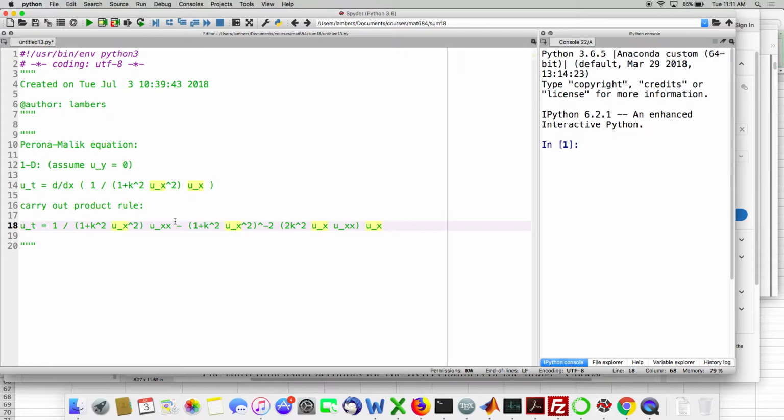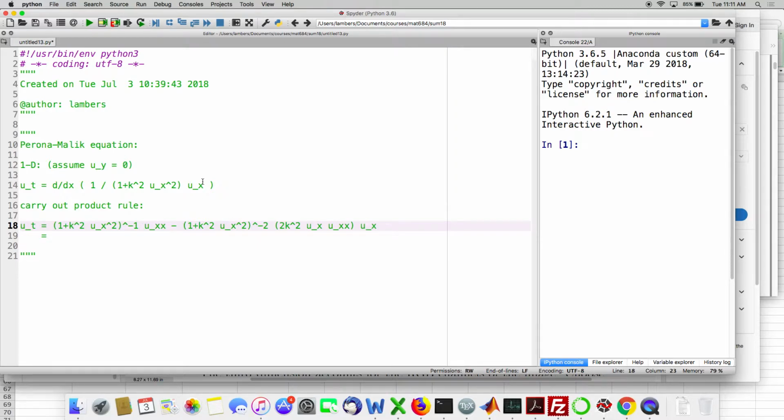But now what I want to do is express this in terms of something times uxx. I want to see what the actual coefficient of uxx is after simplifying as much as possible. So, to do that, I'm going to rewrite this as 1 plus k squared ux squared to the minus 1.